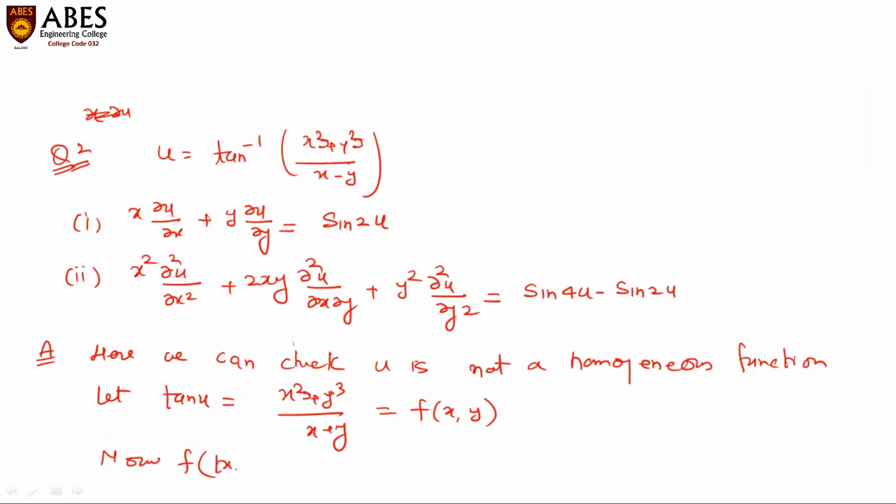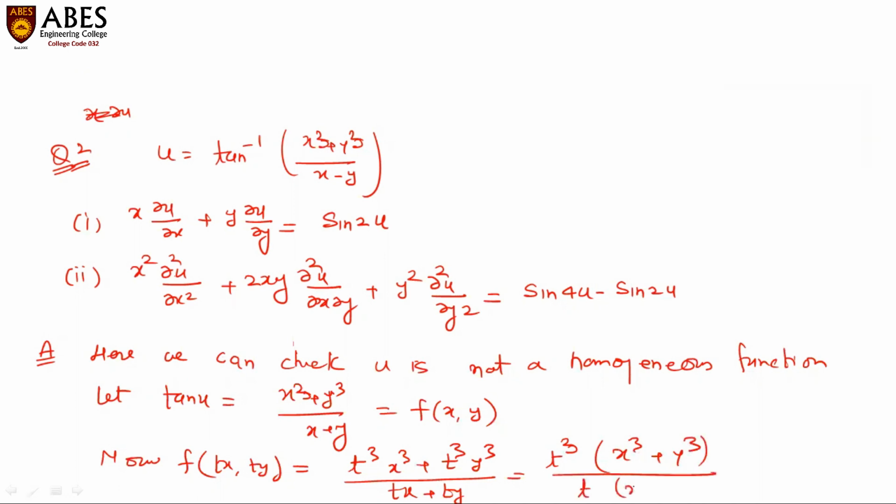We will replace x by tx and y by ty, and we'll get t cube x cube plus t cube y cube upon tx plus ty. t cube is common from the numerator and t is common from the denominator, and we'll get t square times x cube plus y cube divided by x plus y.